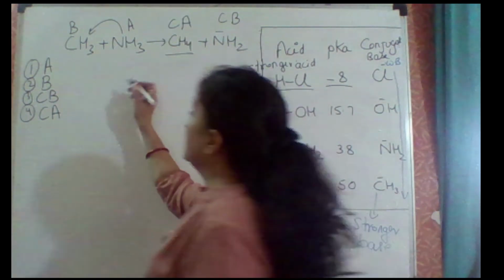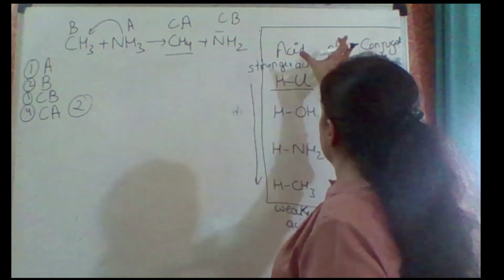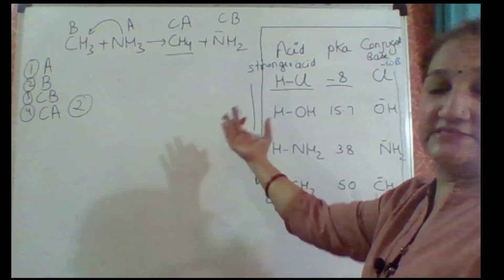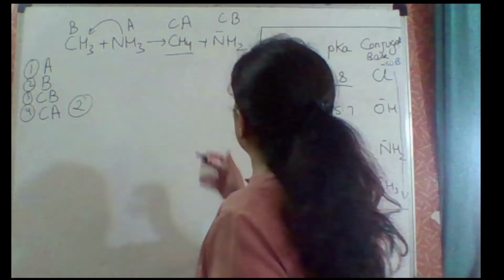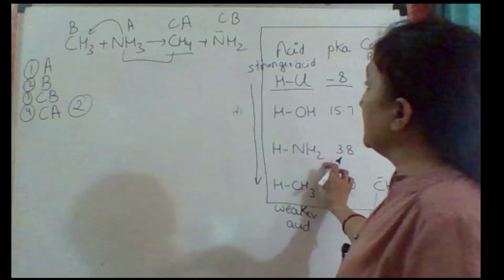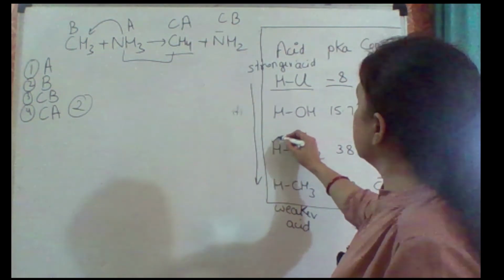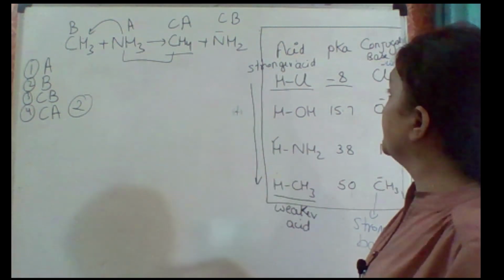Clear? Second step is to find out, by using this table, which one is a stronger acid and which one is a weaker acid, and for base also. So out of these two, ammonia and methane, just take a look at the table. Ammonia is above methane, right? So methane is a weaker acid.